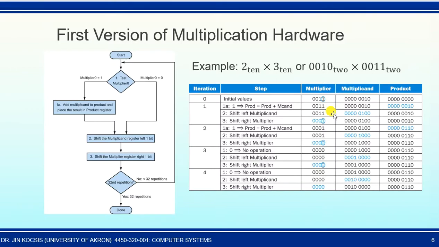Because we implement 32 bits, as we work on MIPS 32, I need to repeat 32 times. After that, I will finish. So let's look at the hardware design first, and then we go back to see how this example works. I think that will be more straightforward.